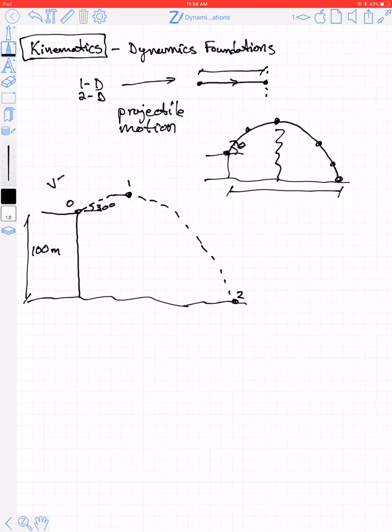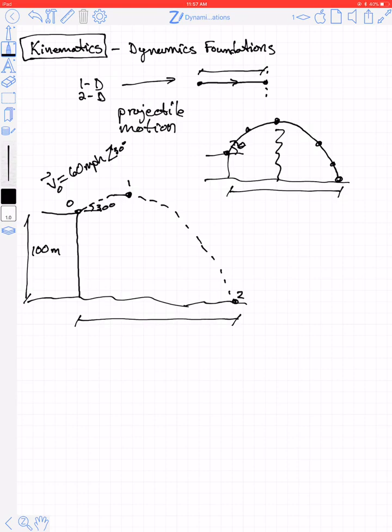Let's have our velocity initial be 60 miles an hour at an angle of 30 degrees. And let's ask the question, how far does the object travel in the x direction from 0 to 2.